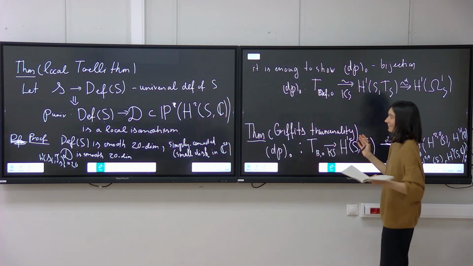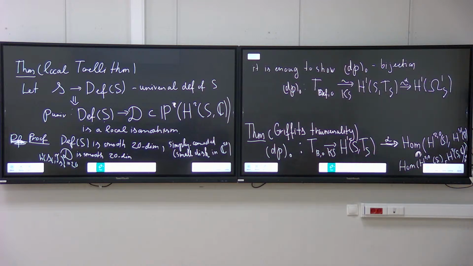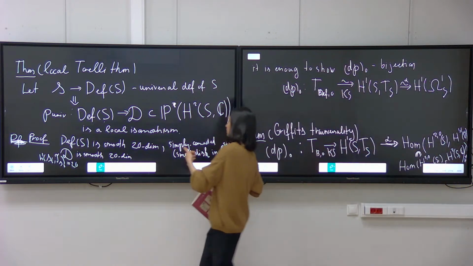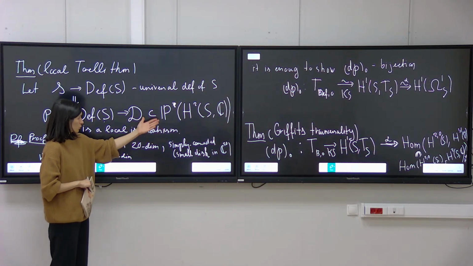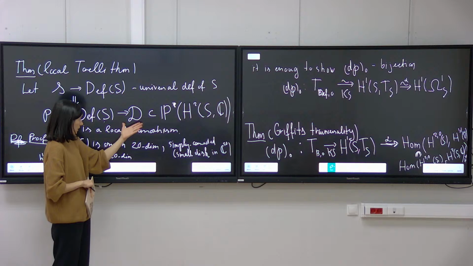Why is it enough to show the differential is bijective? Just because here we have two 20-dimensional smooth varieties.